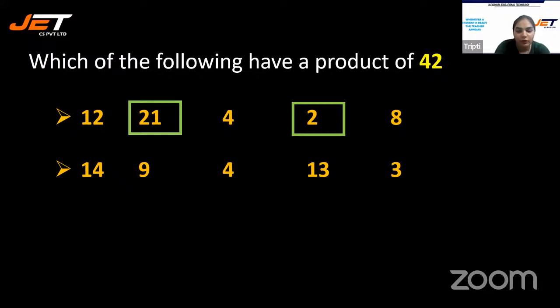So over here, which two numbers are making 42? Let's check it out. 14 and 3. 14 and 3 makes 42.